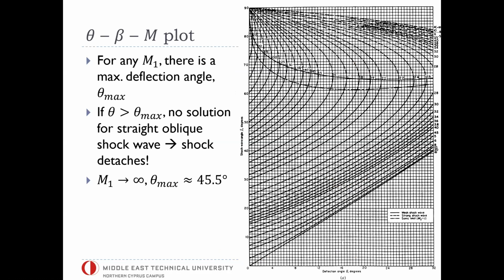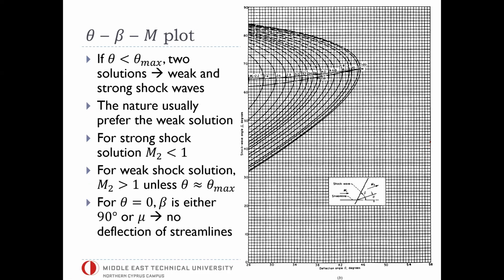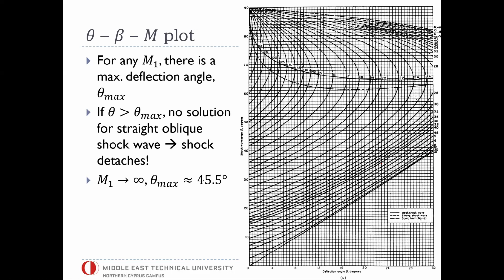For a Mach number going to infinity mathematically, or to very high Mach numbers in application, the theta max value approaches about 45.5 degrees. And you can actually see the Mach numbers here.